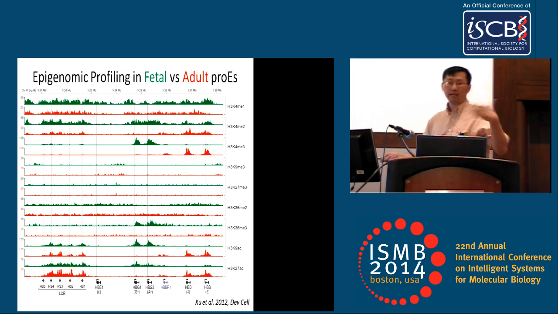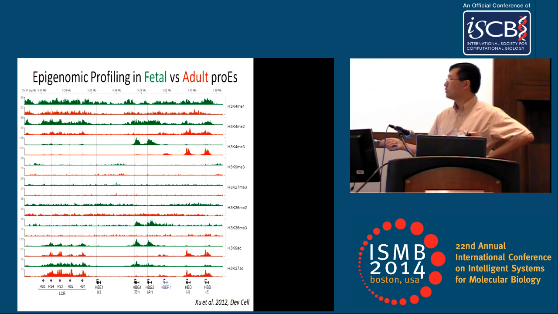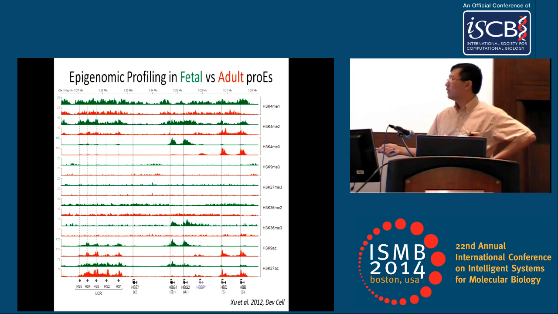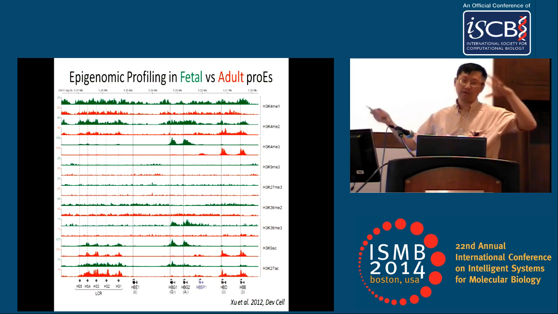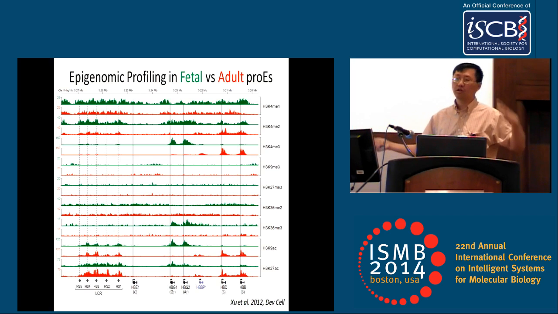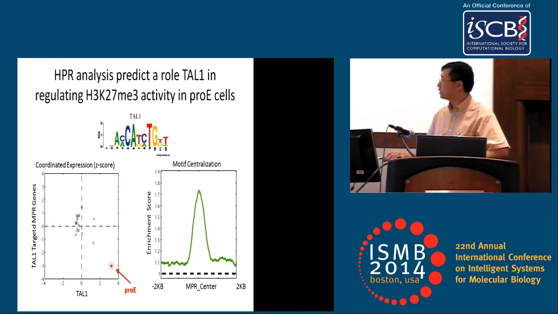Next, what if you, in your individual lab, generate your own data? In this case, we look at, say, Pro-E. You can do whatever cell lines you like. Can you use the vast information you get from ENCODE to learn things about the specific activity in your cell lines? The truth is that you can.